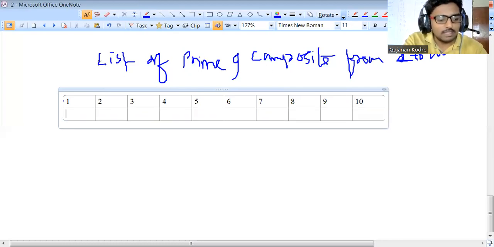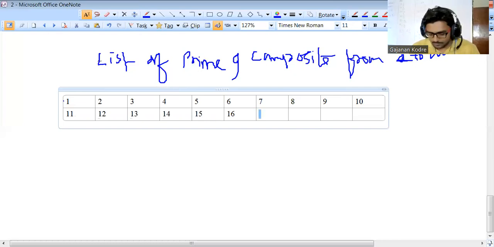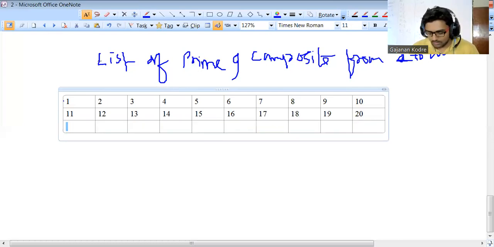Similarly, 11, then 12, 13, 14, 15, 16, 17, 18, 19, 20, 21, 22, 23, 24, 25. Like this you need to make the table, up to 100. So quickly prepare the table. Come on everyone, start preparing the table.